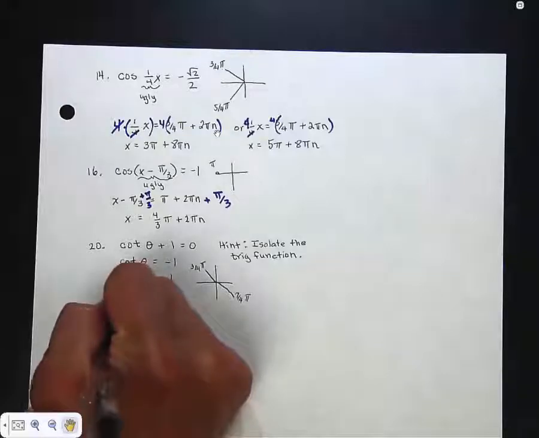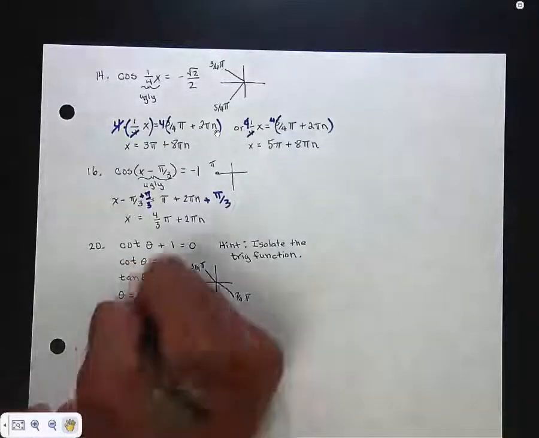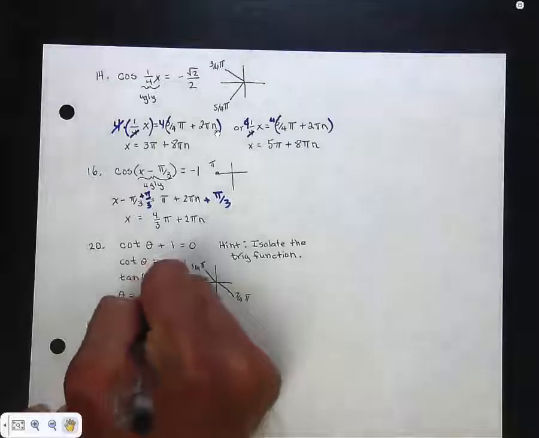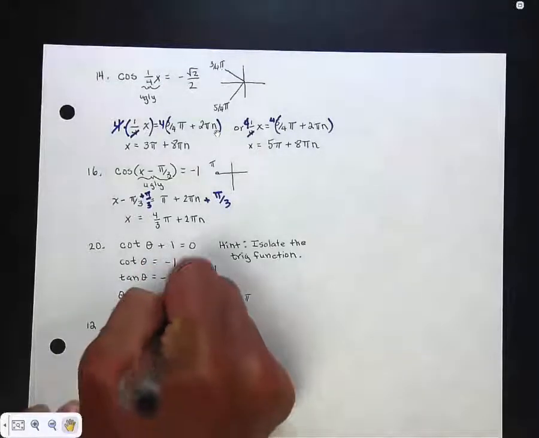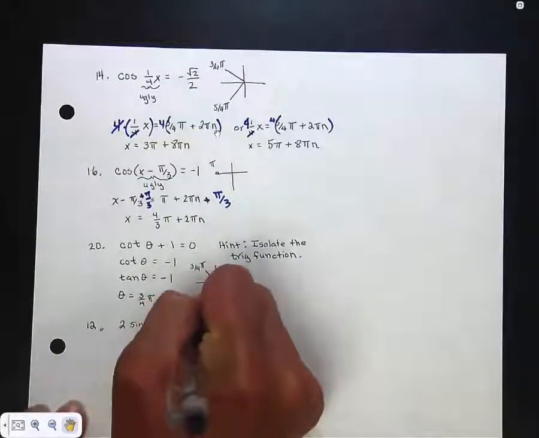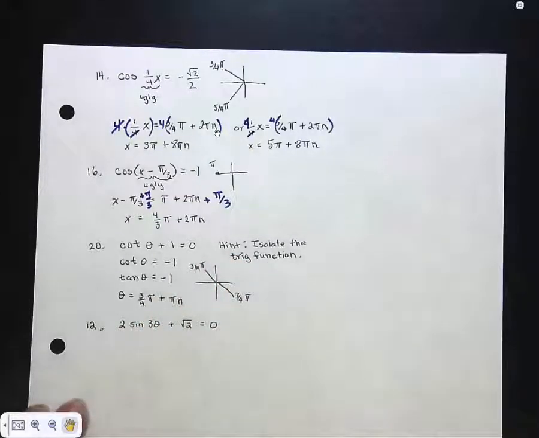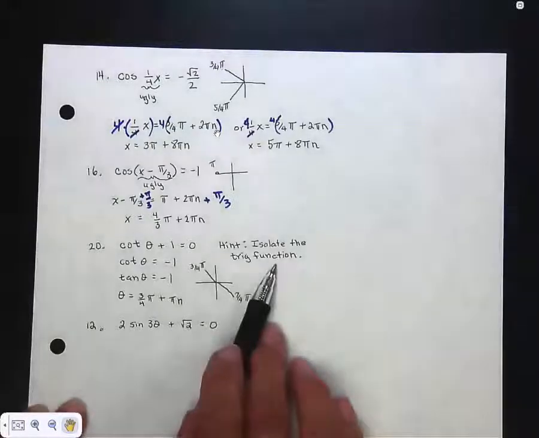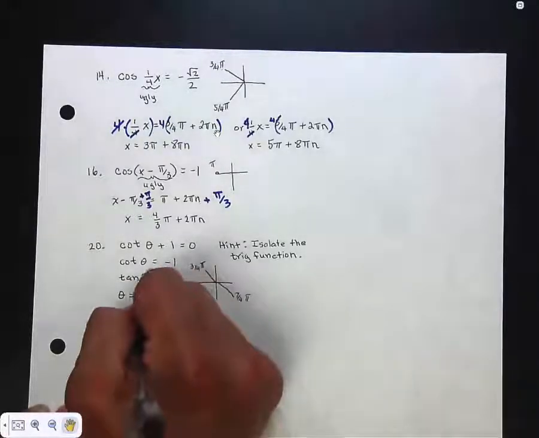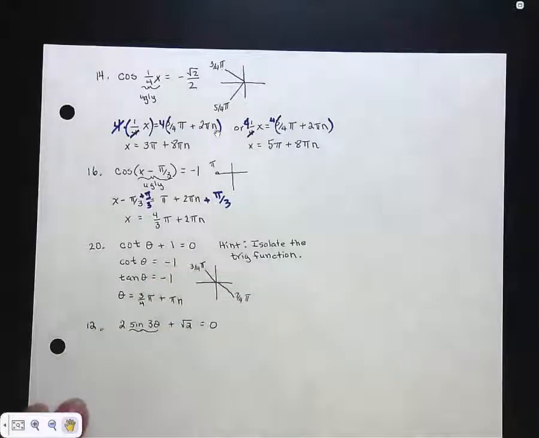Number 12, backing up just a little bit, number 12 was 2 sine of 3 theta plus square root of 2 equals 0. When I say isolate the trig function, I'm talking about get the sine of 3 theta by itself.